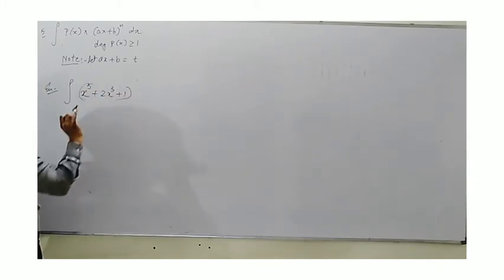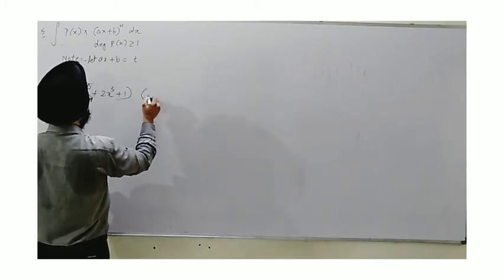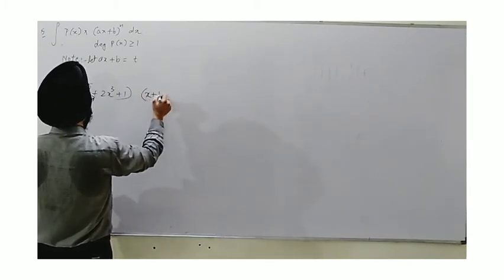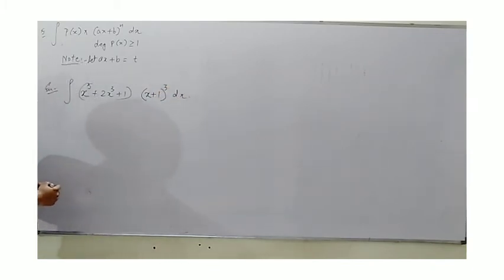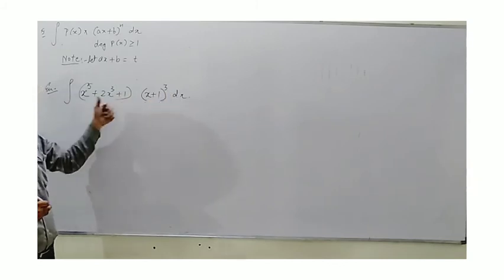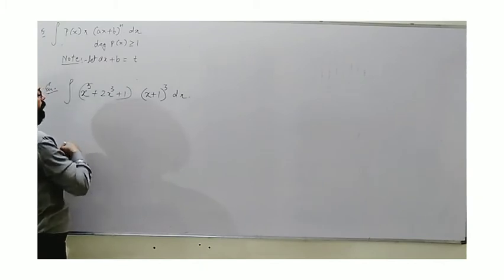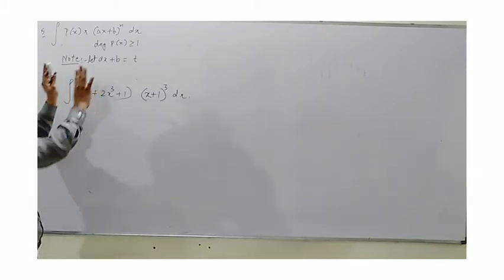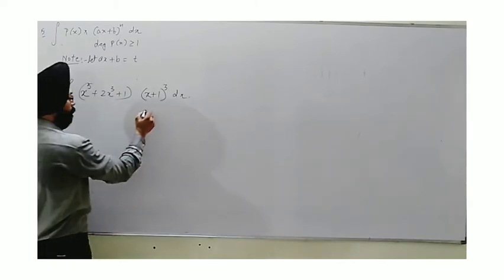I want to show the limitations, and inside the bracket I have taken (x plus 1) raised to the power 3 dx. Now you can see the degree of (x plus 1) is 3, and the degree of this p(x) polynomial is 5. I have said you consider ax plus b, the linear polynomial, as t, that also we take, no problem.